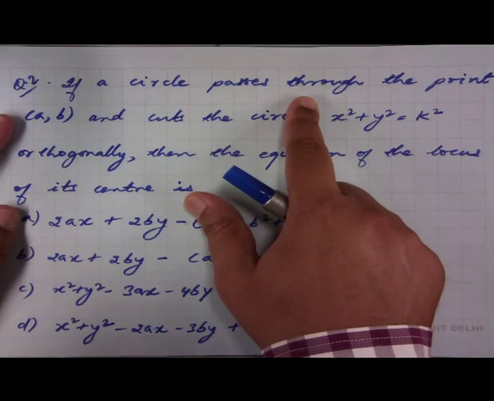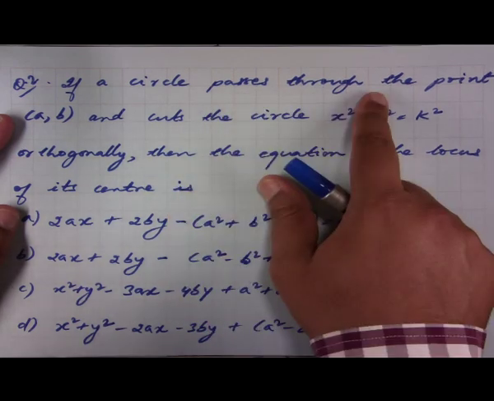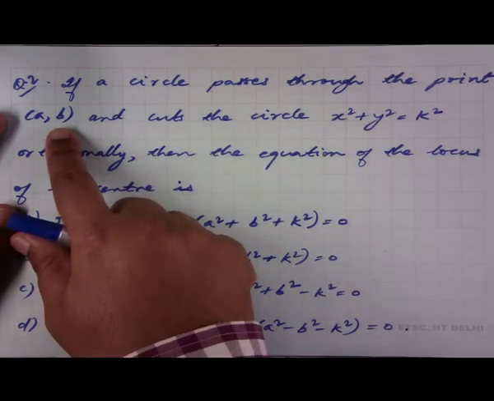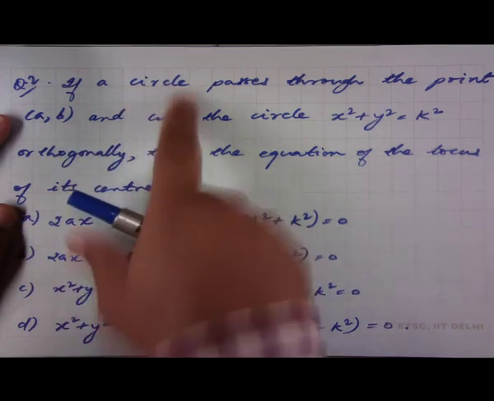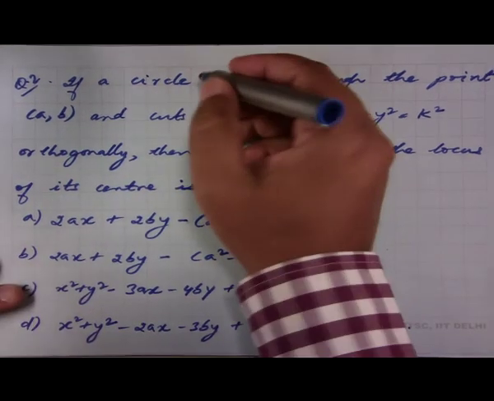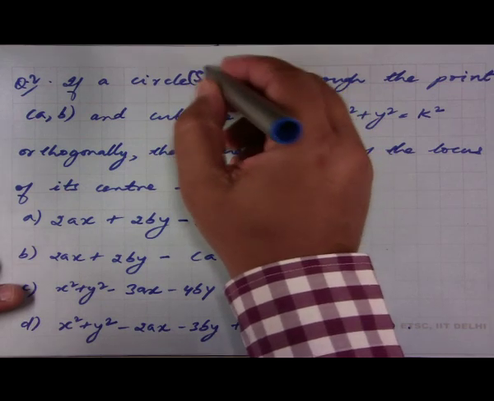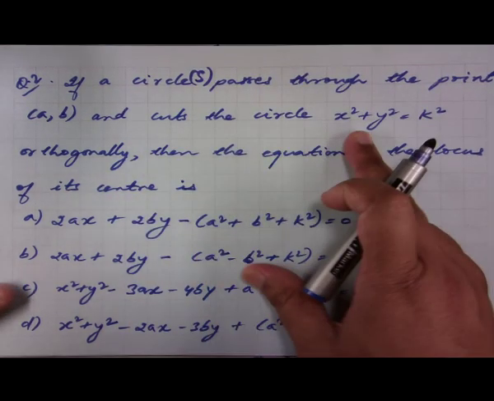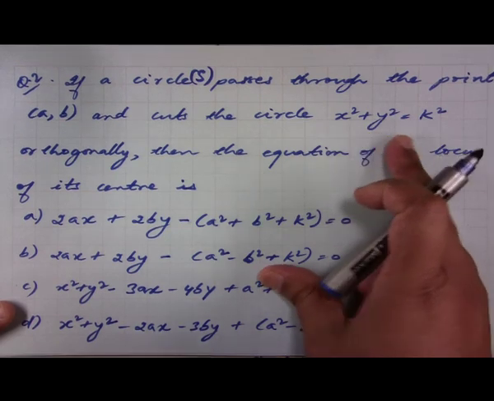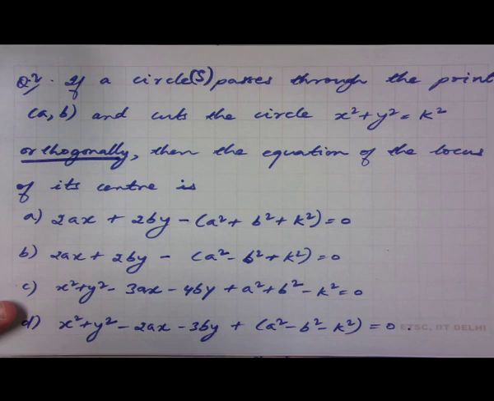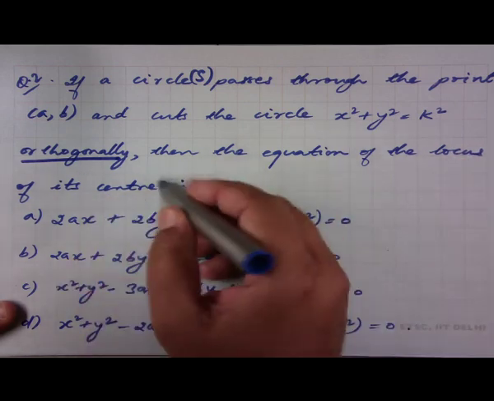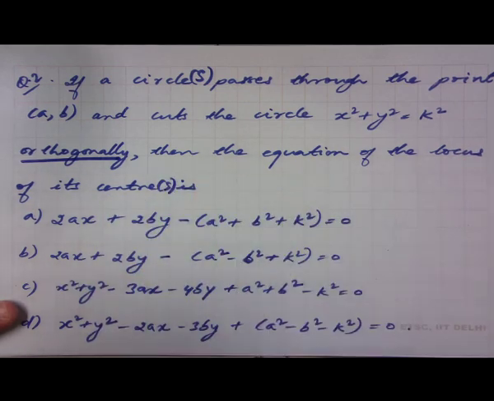So, here it is given that a circle passes through the point A comma B, and this circle, let us say denoted by S, cuts another circle x square plus y square equals k square orthogonally. Then the locus of the center of the circle S is one of these 4 options that we have to find.